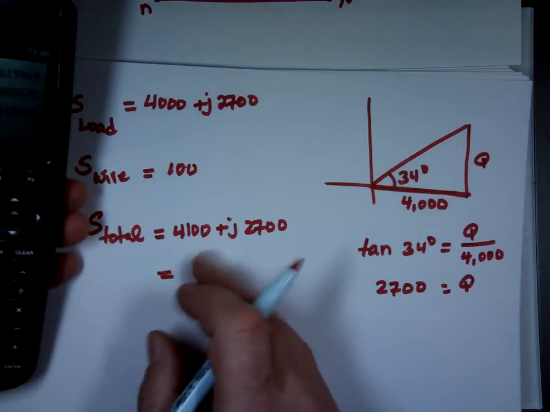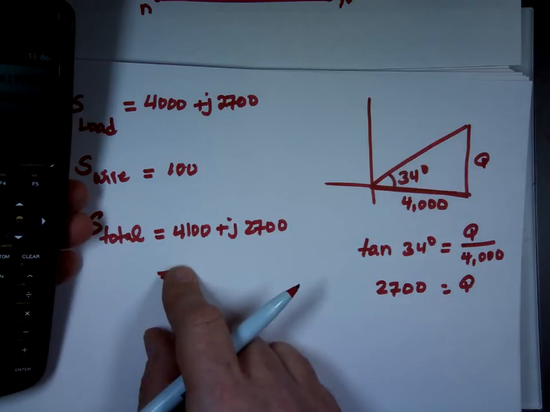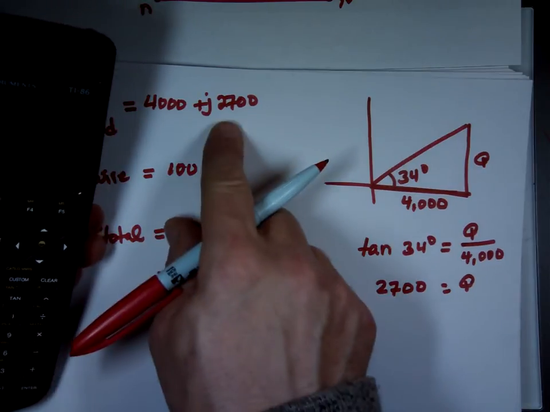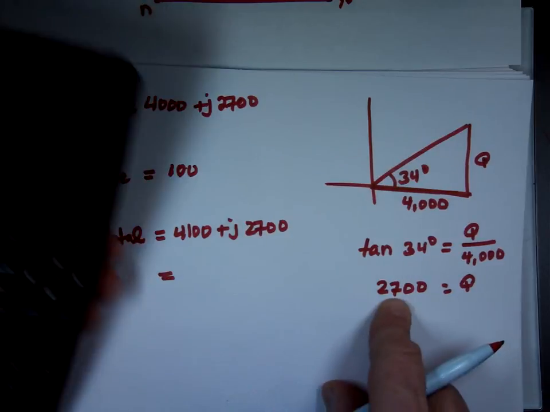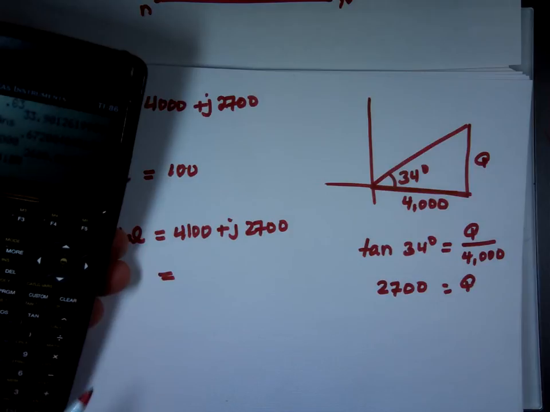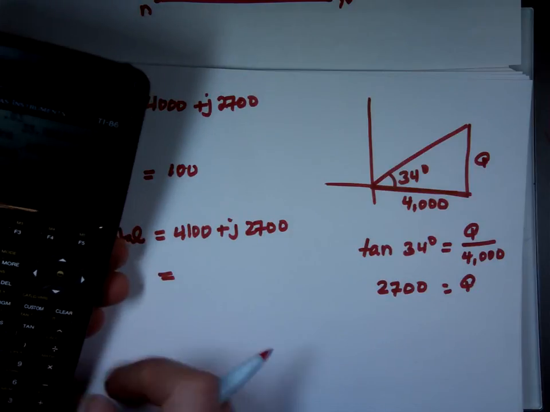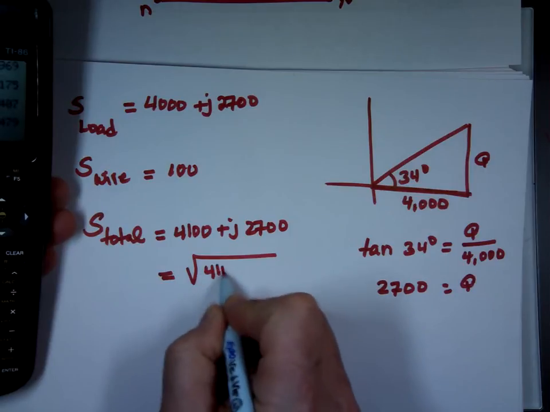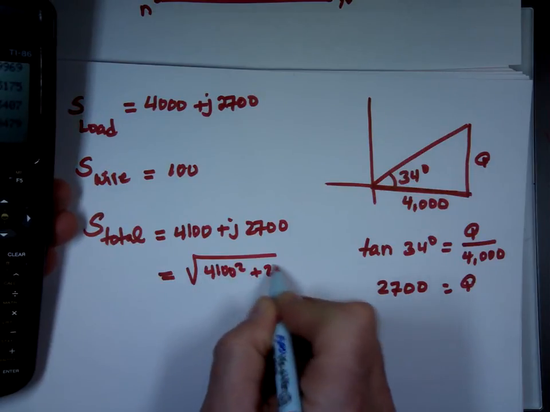By the way, I'm carrying all of 2688 instead of 2,700, so my number might be a little bit off there. Plus 4,100 squared. So we take the square root of 4,100 squared plus 2,700 squared. We can get you the angle if you want to. We can get you the power factor.